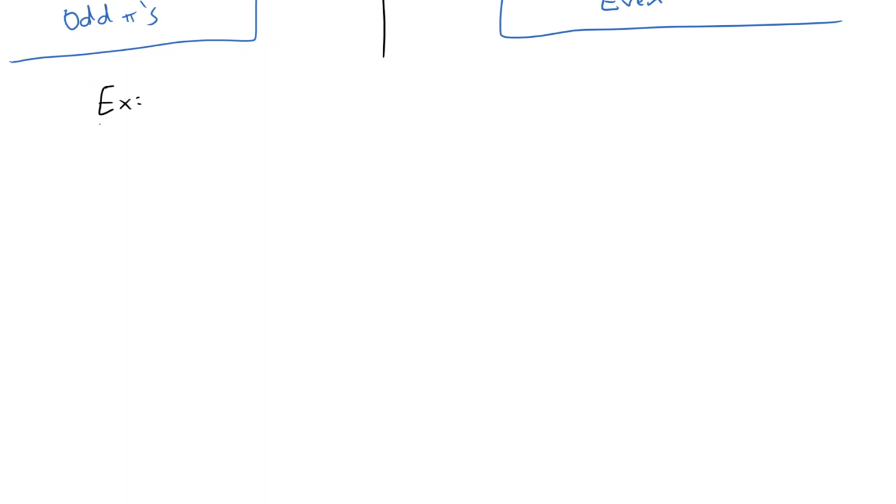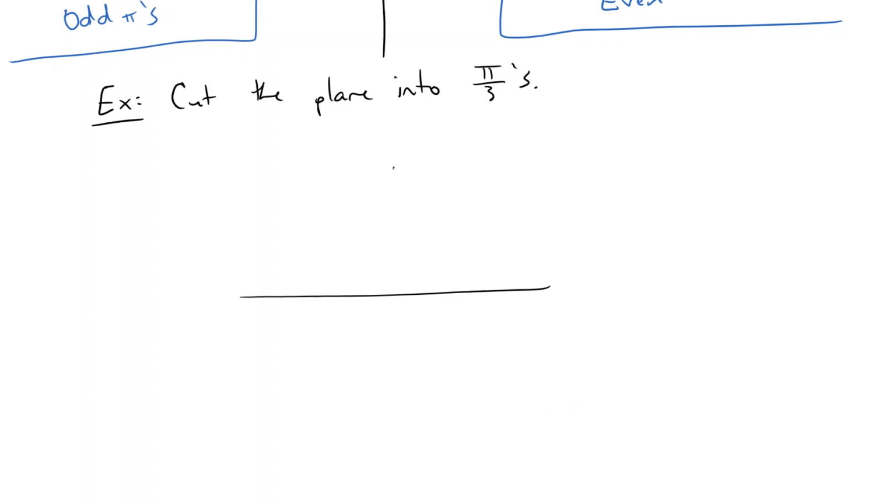Let's cut the plane into pi over 3s, okay? So we've got 0 pi over 3. Let's just think of it as 0 momentarily, and then think of pi. I always think of 0 and then pi.